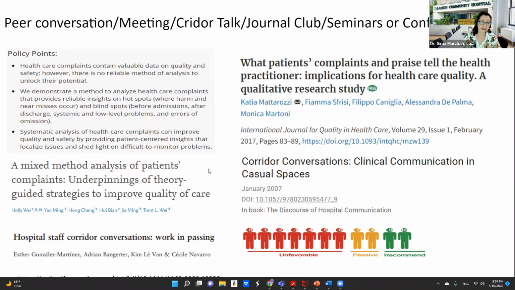Here you can see strategies to improve quality of care. Those are types of conversation that we have when we are discussing with our team, with our colleagues. How can we improve the process of this care?